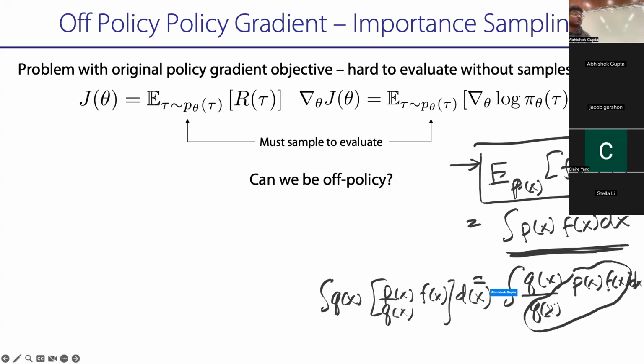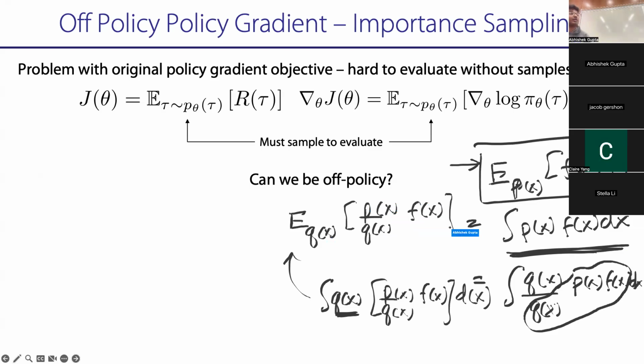So now this is an expectation again, but the nice thing is it's an expectation with respect to Q, right? So you can write this as the expectation under Q of P over Q times f. This and this are the same under a few conditions. Why is this important?